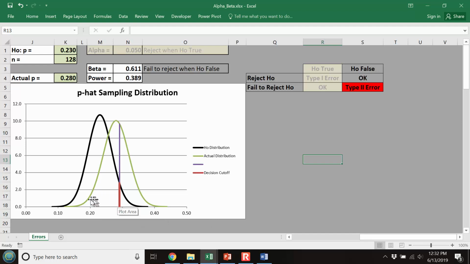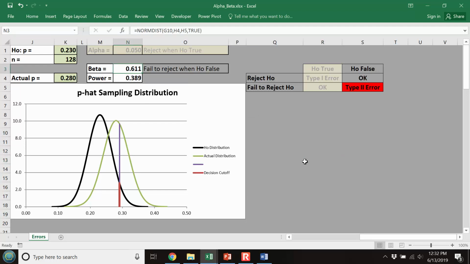If I land on this side of that red line, I'm going to fail to reject the black graph. I'll think the null hypothesis is still true. Well, what's the probability under the green reality graph of landing on that side of the red line? Well, it's actually right there, and it's pretty high.